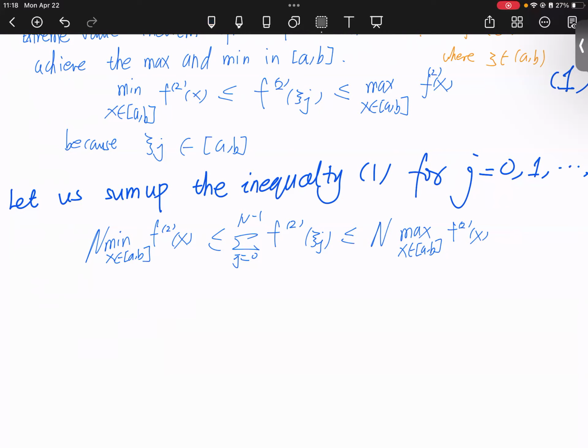You have a value in between the maximum and minimum of that function.